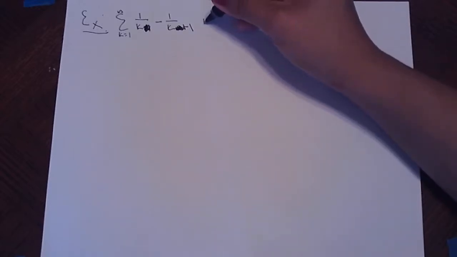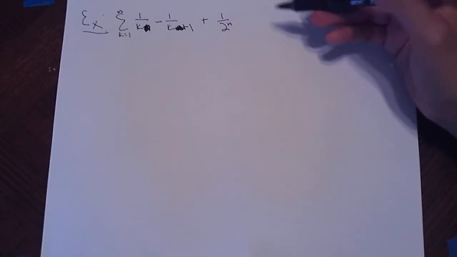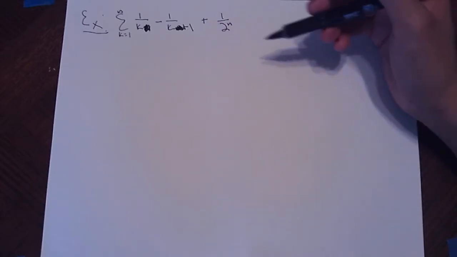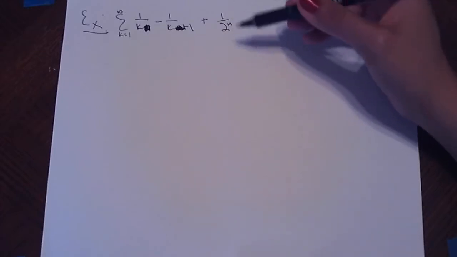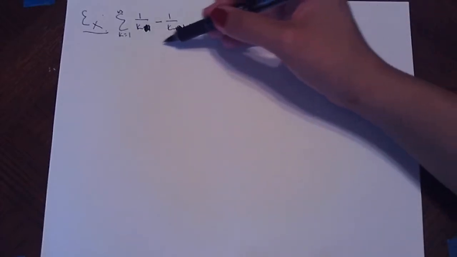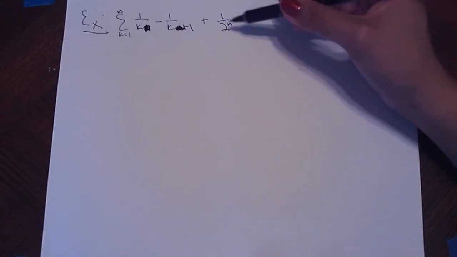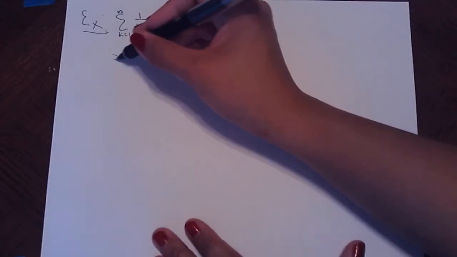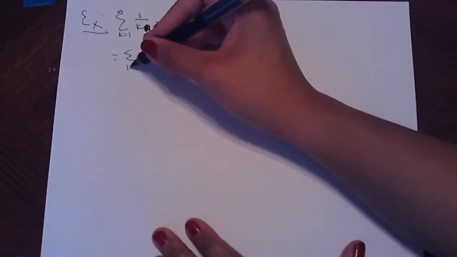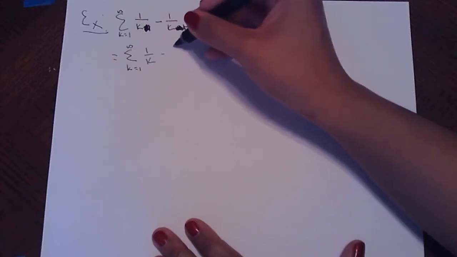We've also looked at 1 over 2 to the n, where I don't have to fudge the indices to make it match up. So I know that this initial piece converges, and it adds up to 1. This piece converges as well, and it adds up to 1. If I know that both of those pieces are finite, I can split them apart.